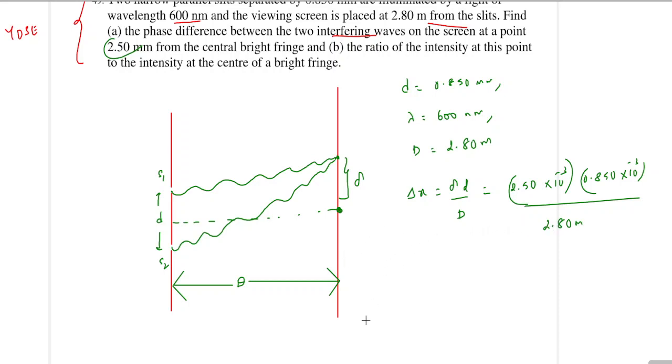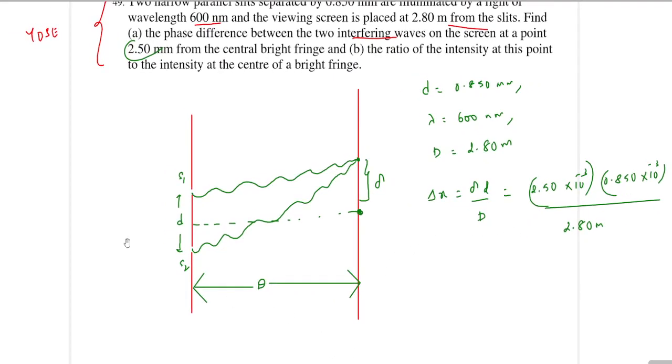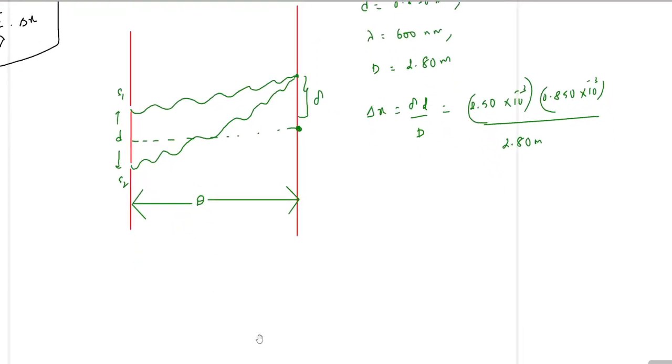The reason that you want this delta x is because the question says to find the phase difference, but phase difference is given as 2 pi by lambda into path difference. This is the form for phase difference. So we should first find the path difference. Path difference means the extra distance traveled by one wave.